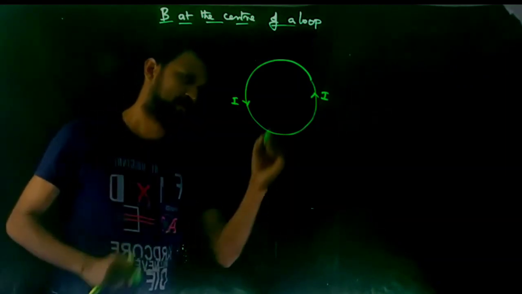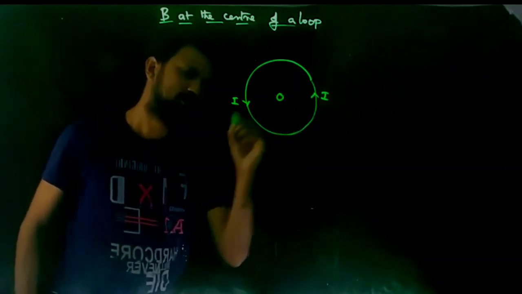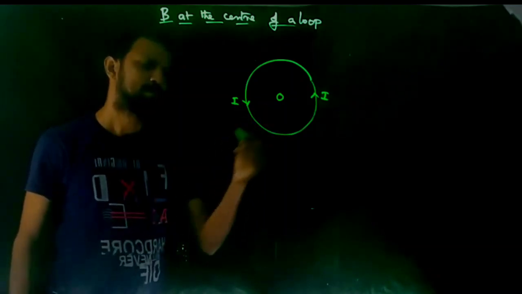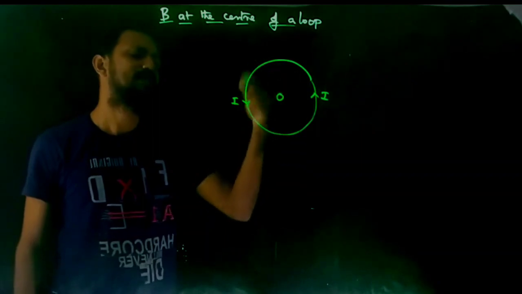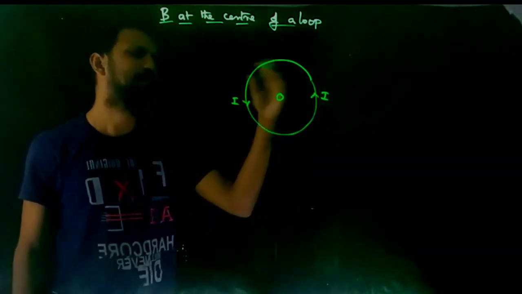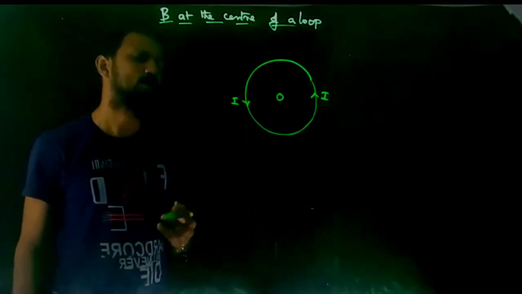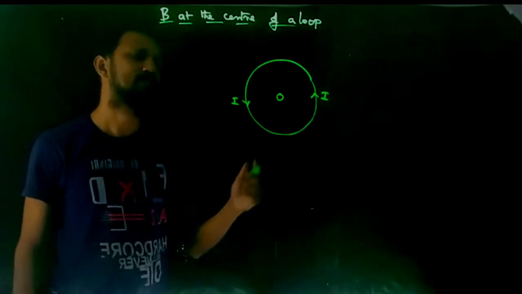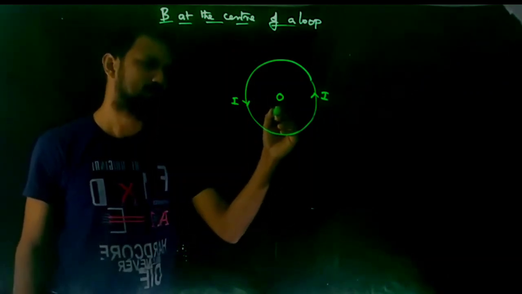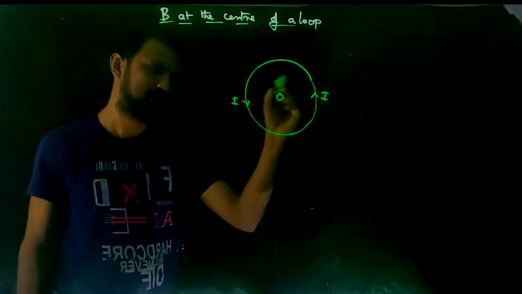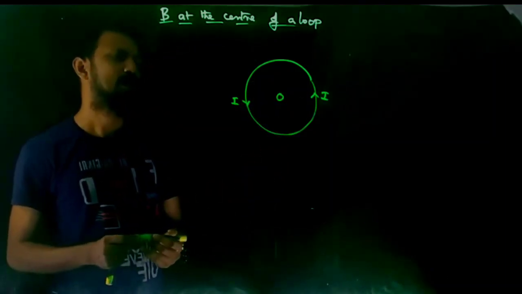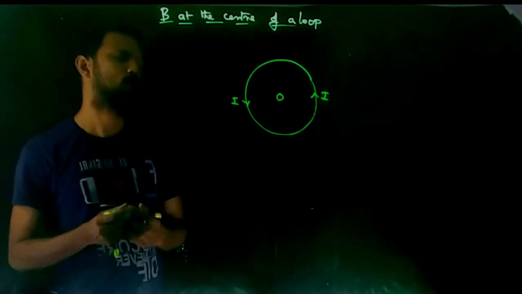For that, let me mark a point over here. This is the center of the circular loop, and you can clearly see the current passing through the loop is in the clockwise direction.